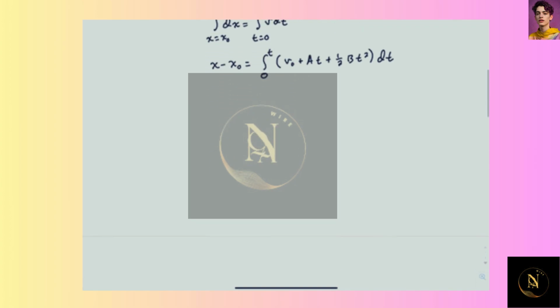So this integral comes out to be, let's see, v0, the first term, we added t. Second term is going to be 1/2 at squared. This term, t squared integral, is going to be 1/3 t cubed, and 1/3 times 1/2 is 1/6 bt cubed.